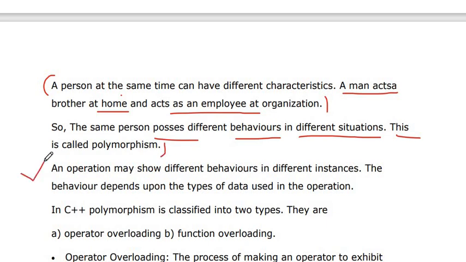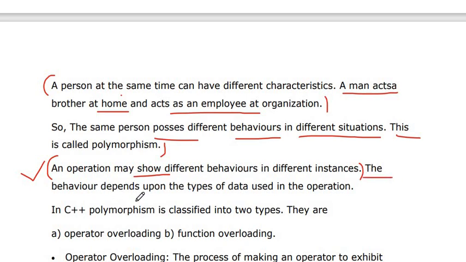An operation may show different behaviors in different instances. An operation may exhibit different behaviors in different instances is called polymorphism.